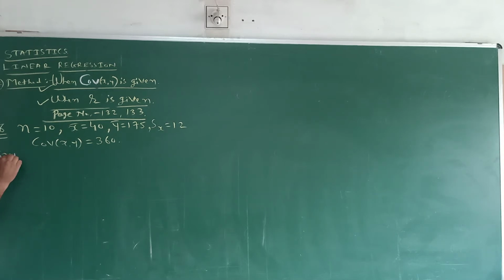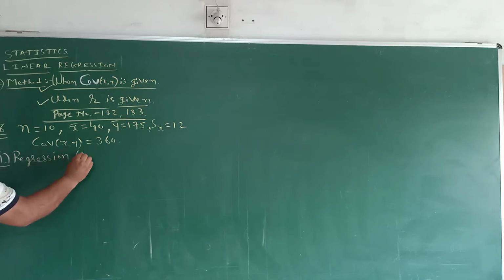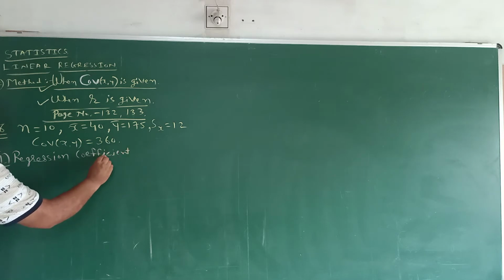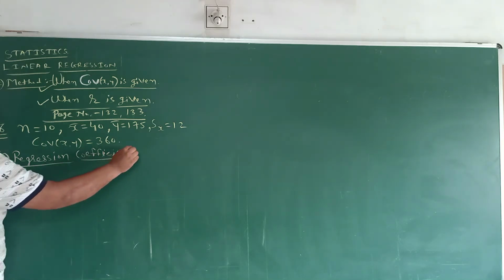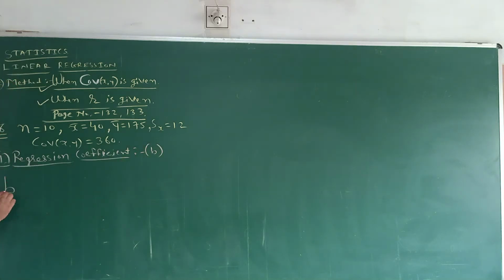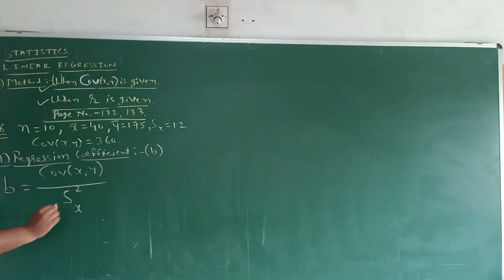So, first step, regression coefficient, that is b. The formula when covariance xy is given is covariance xy upon Sx square. This is the formula, covariance xy upon Sx square.